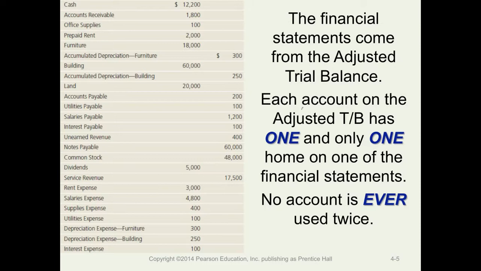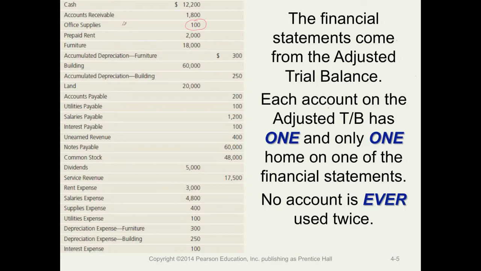Going back to our original example, we purchased supplies, and those supplies were $500 in total. Now we're coming to the adjustment process, and what we found out is when we went into the warehouse, we counted the supplies, and we found out that the supplies only had a balance of 100.